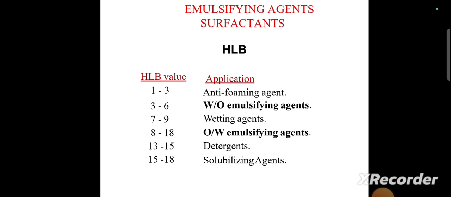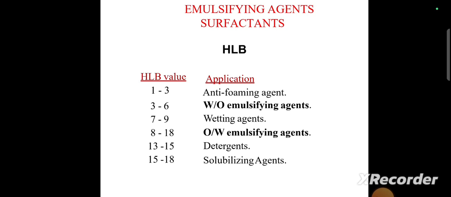If the HLB value ranges from 1 to 3, the application is as an anti-foaming agent. If the HLB value lies between 3 to 6, the application is as a water in oil emulsifying agent. If the HLB value lies between 7 to 9, the application is as a wetting agent.